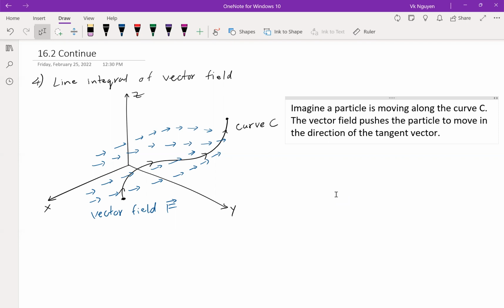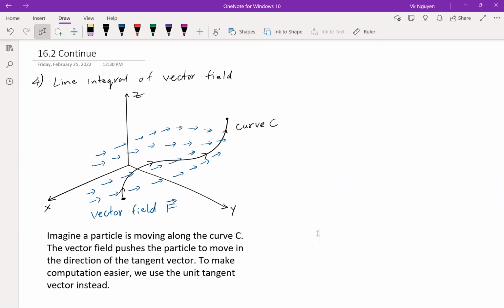To make life easier, we use the unit tangent vector instead. For a very small subarc, we can see what is going on here.